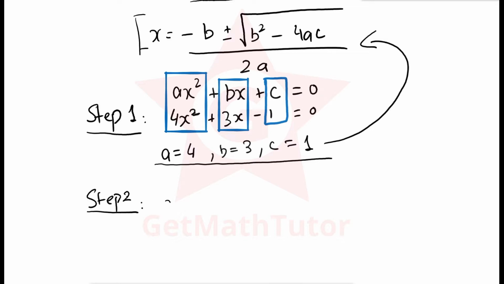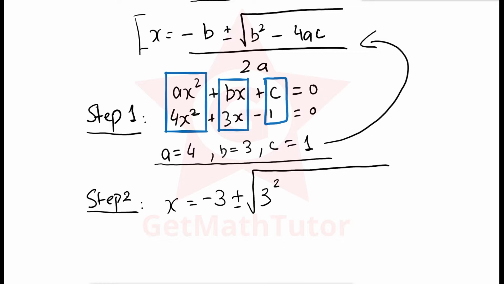If I substitute values into it, my b is 3, so it will be minus 3. Then I will just write the plus minus sign as it is. And then inside the square root, I will write 3 squared, because it's b squared in there.